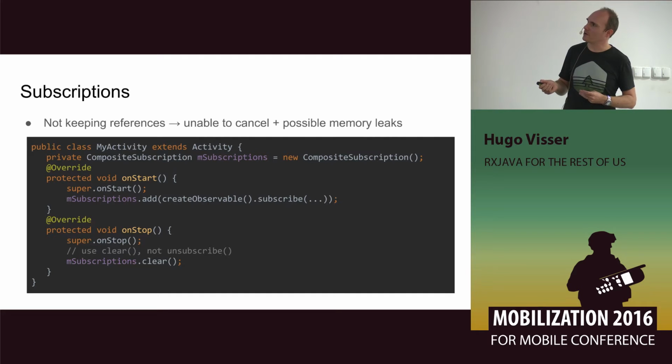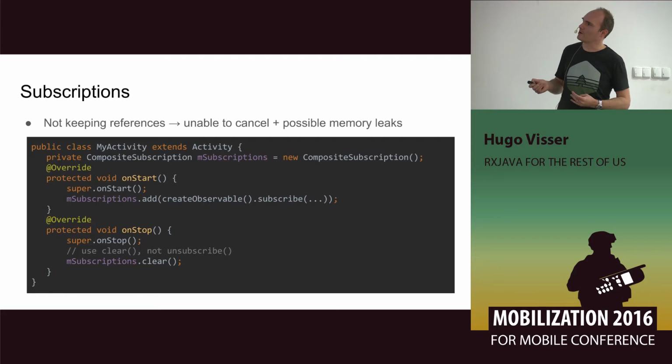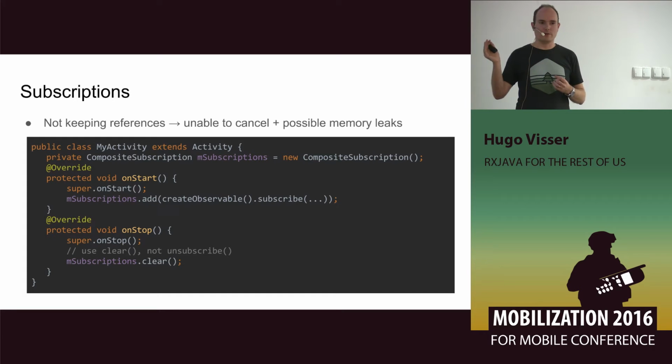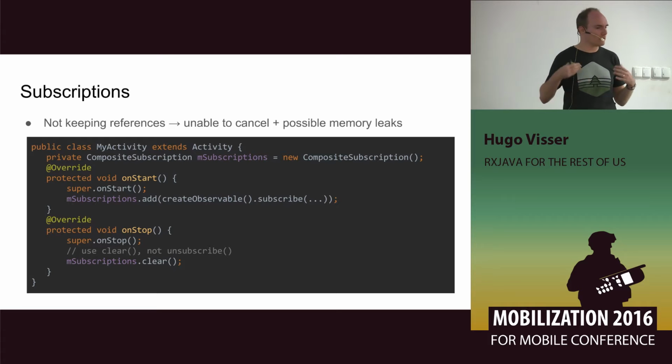For example, if you are subscribing in onStart, you most likely want to unsubscribe in onStop. So you can add your subscription here, and when you're done, you call clear. If you call clear, then it will unsubscribe all the subscriptions and basically cancel all the operations, or at least not return the results anymore.